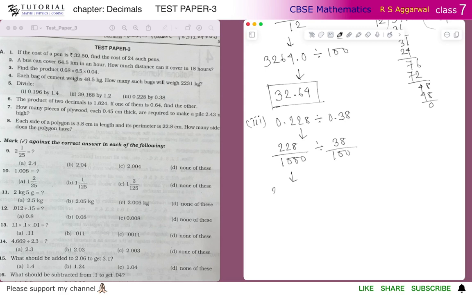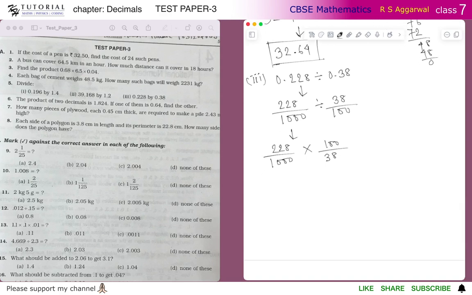Now this is 228 by 1000 multiplied by 100 by 38. Since division means multiplication with the reciprocal, if we are dividing by 38 by 100, it will be equal to multiplying by the reciprocal of 38 by 100, that is 100 by 38.